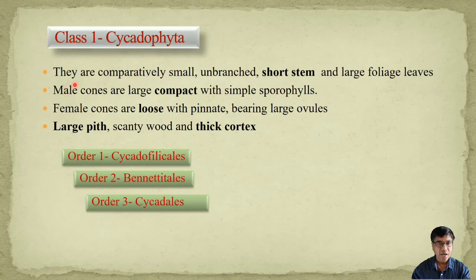Cycadophyta are comparatively small with an unbranched, short stem and large foliage leaves. Male cones are large, compact with simple sporophylls. Female cones are loose with pinnate or simple sporophylls bearing a large ovule.